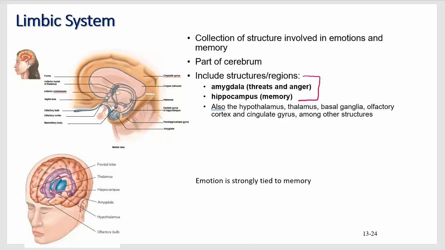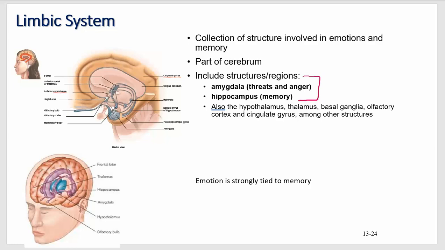So for other regions, the hypothalamus kind of gets into it. The thalamus is the relay center. The basal ganglia, like I said, is involved in movement, but there are some structures involved with reward. Remember that there's a substantia nigra, and there's some other areas, like the nucleus accumbens, that are involved with reward and gratification that can also be considered part of the limbic system.